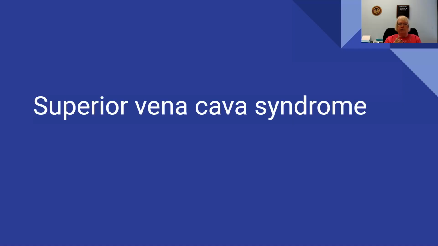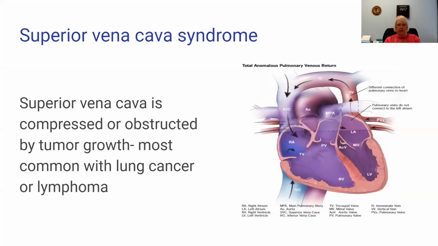Then we have superior vena cava syndrome. This occurs because the superior vena cava is compressed or obstructed by a tumor growth. Most commonly it happens with lung cancer and lymphoma. Signs and symptoms would be edema of the face, especially around the eyes, or tightness around the collar.